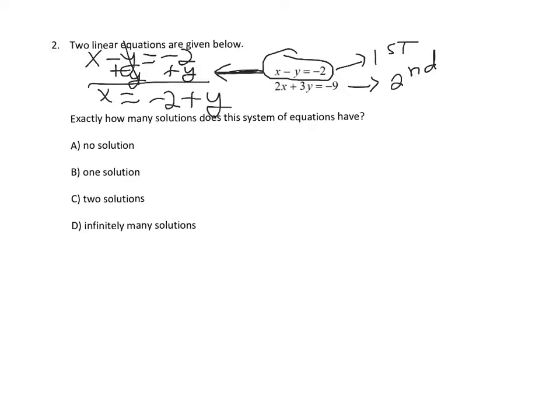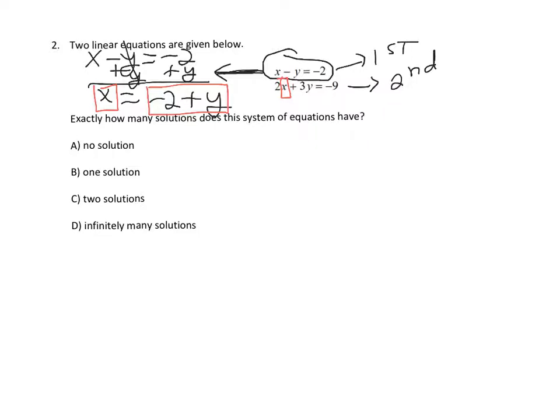And if you recall, substitution means, just by its name, you do substitution. The value of x is negative 2 plus y, and we plug it into x in the second equation.